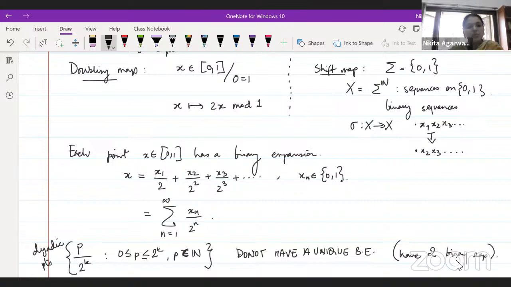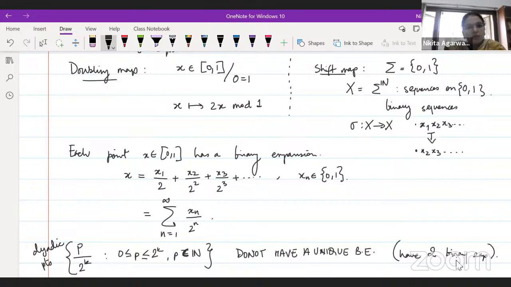And other than these points, every other point has a unique binary expansion. I'm not getting into how one obtains a binary expansion, but this is something that you can study on your own. It's an interesting topic to know.